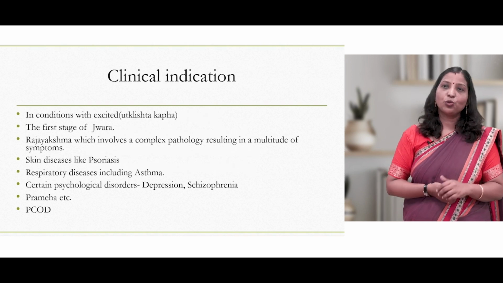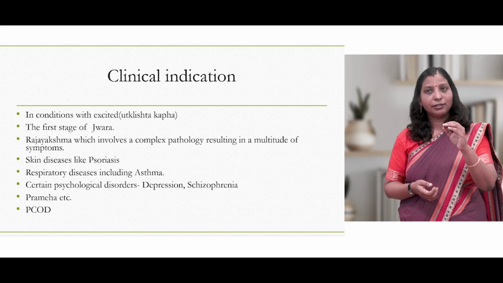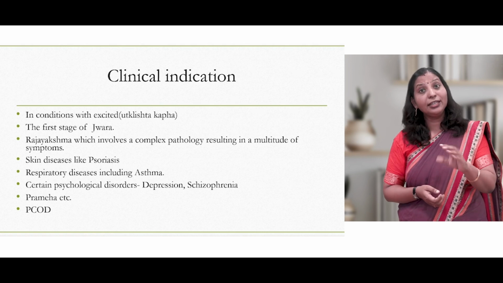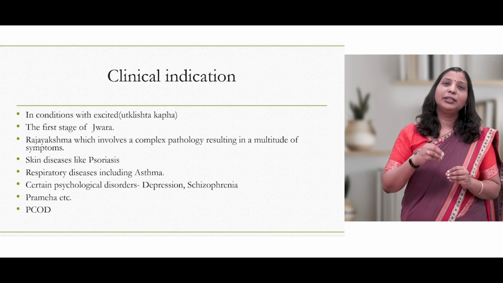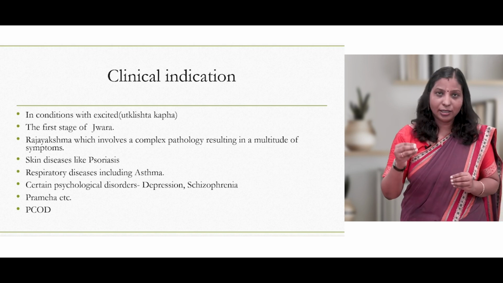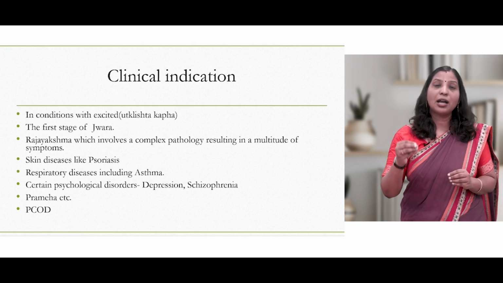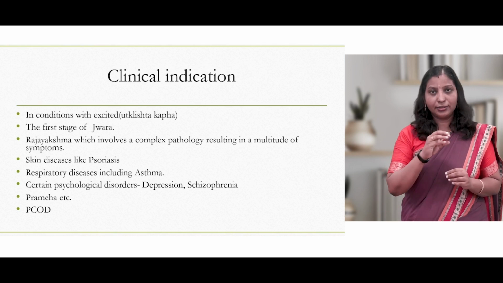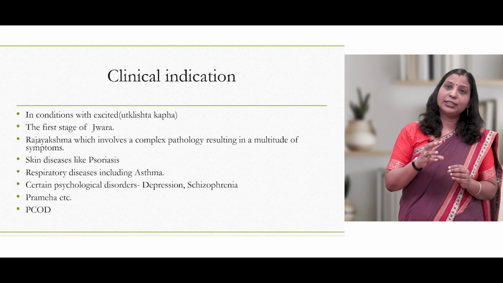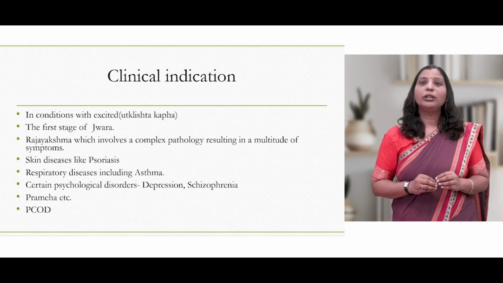Clinical conditions: whenever Utklishta Kapha is present in any disease, it might be a prameha, it might be kushtha, it might be vata shonita, it might be amavata, that is the indication of Vamana.